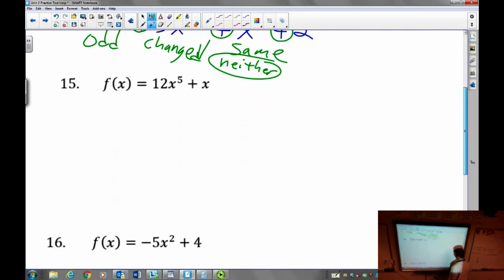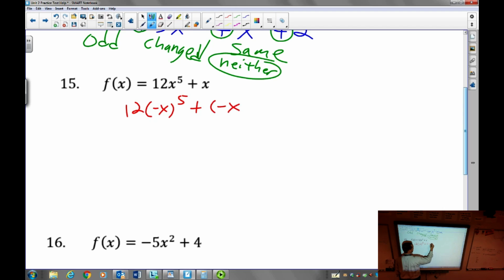The answer to number 15, let's see. So we're going to plug in, again, a negative x everywhere you see an x. And then, negative to any odd power is just going to be negative back again. So it will be 12 times negative x to the 5th when we multiply that through, minus x. Put the negative out in front.